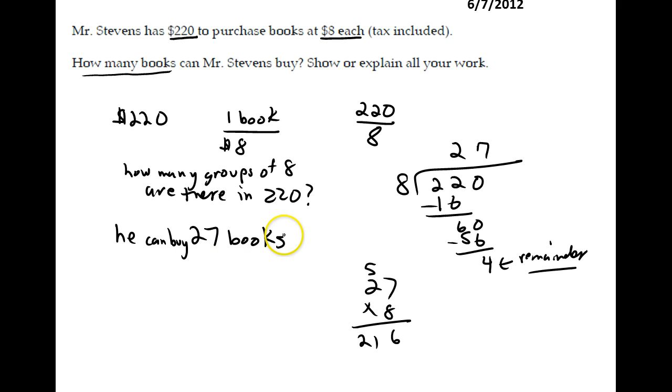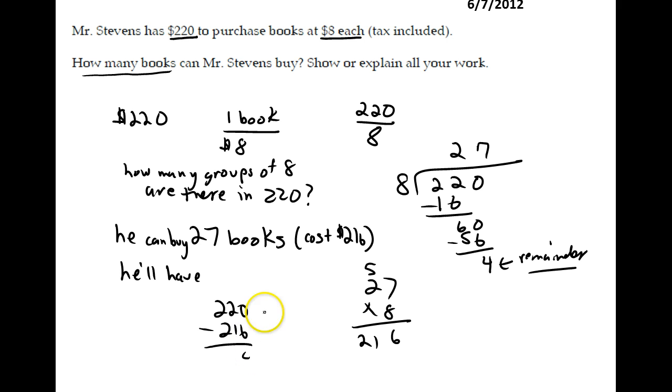He could buy 27 books at a cost of $216, and he'll have $4 left over. 220 minus the 216, $4. Not because this 4 is the remainder, just because of the way the problem worked out. Okay, so yeah, he'll have $4 left over.